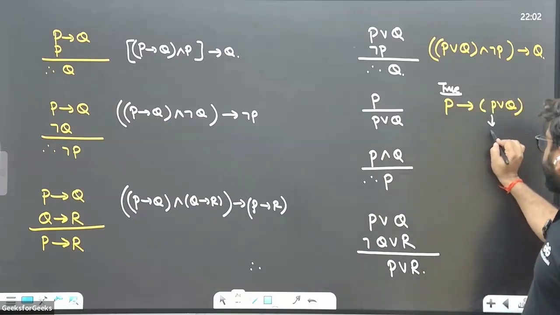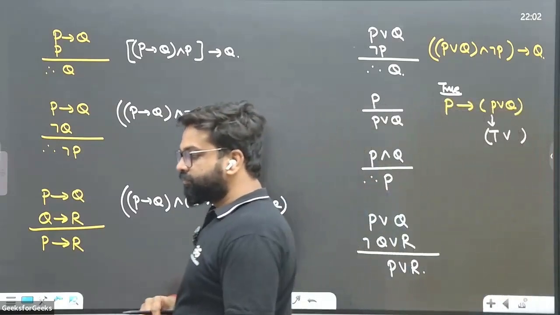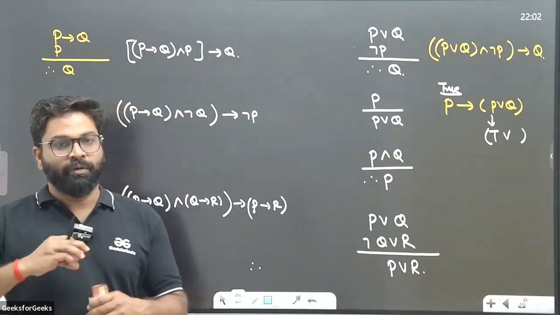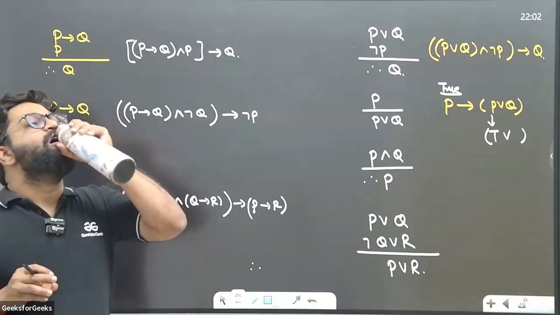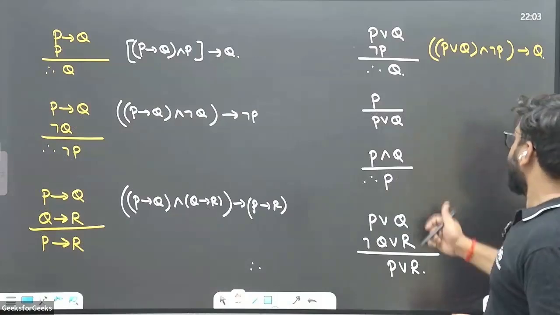When P is true, true OR anything, the whole thing will become true. Everything will become true. Yes or no? Yes, sir. So this is one type of rule.